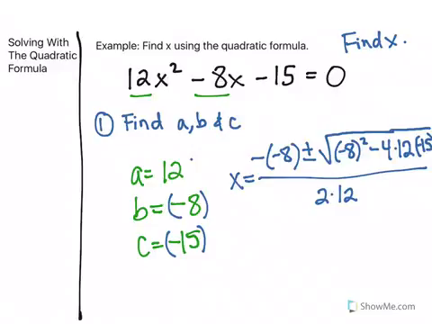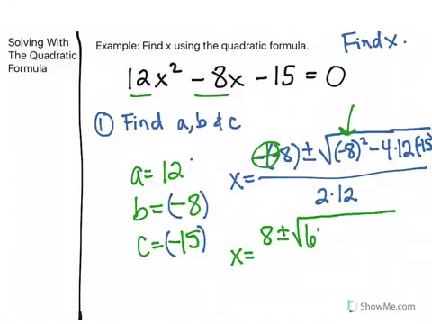Next, you're going to simplify this by doing simple mathematical operations. So, I can rewrite this as x equals negative negative 8. That makes it positive, so I'm going to write 8, plus or minus the square root of negative 8 squared, which is 64.